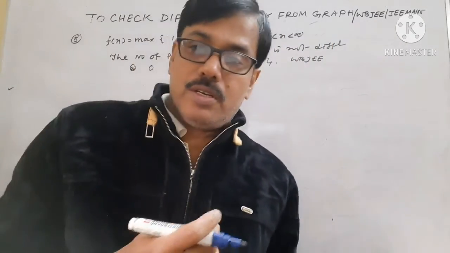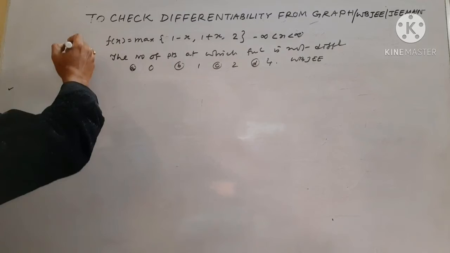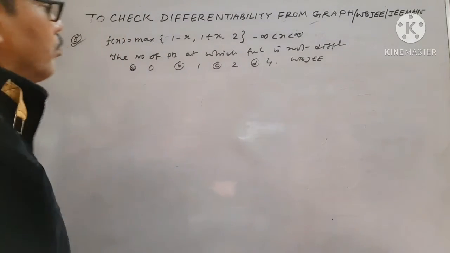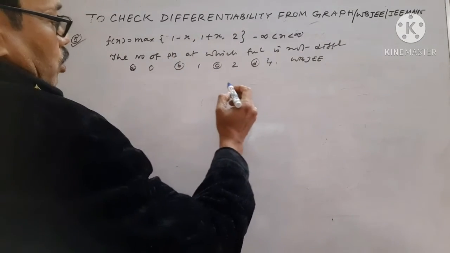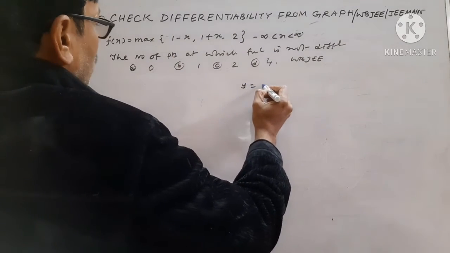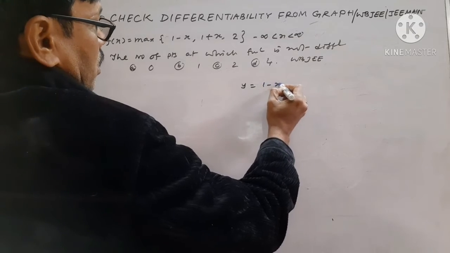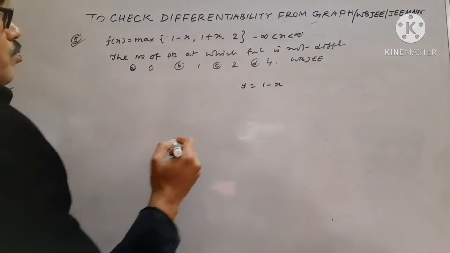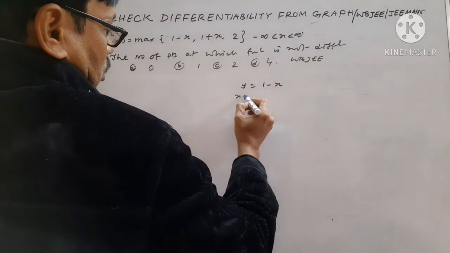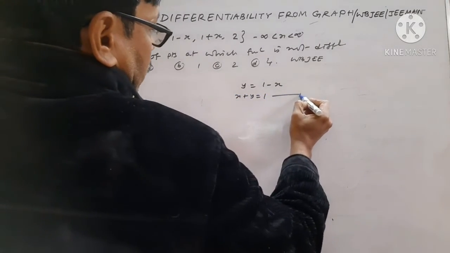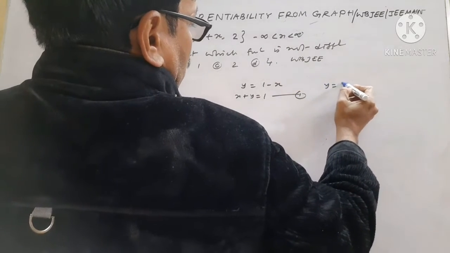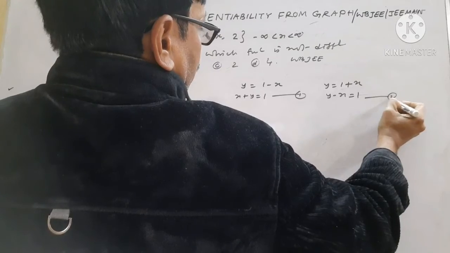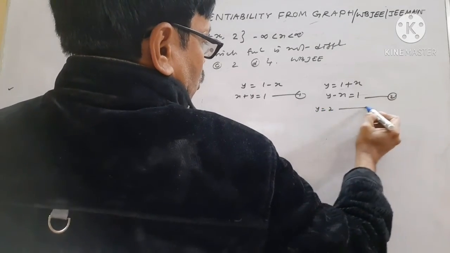Now we consider one more problem. Same type of problem. y equals to 1 minus x. So x plus y equals to 1. And this is y equals to 1 plus x, y minus x equals to 1. And y equals to 2.